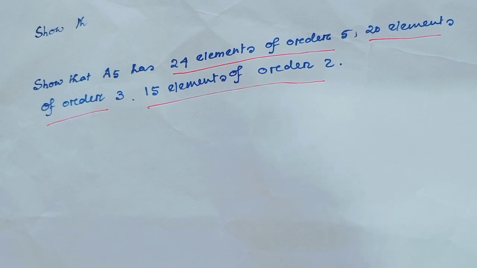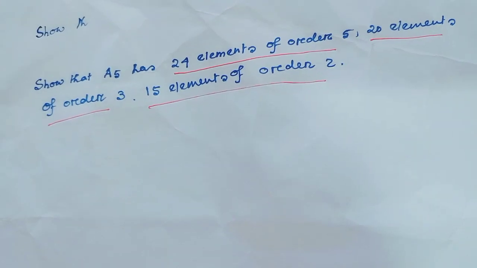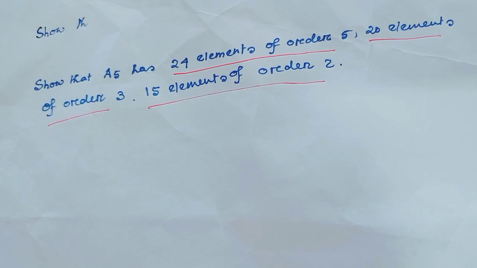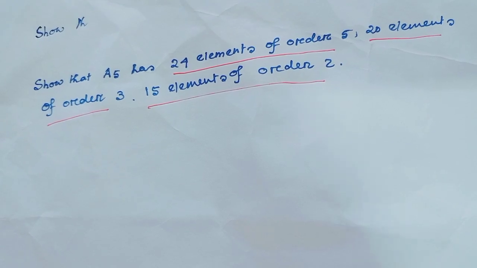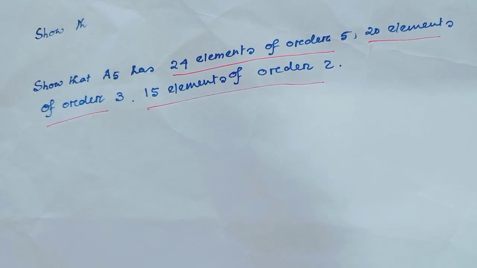At first I highly recommend that if you haven't seen my previous video, see it first. See what the permutation group is. This topic is in my group theory lecture. See the playlist.